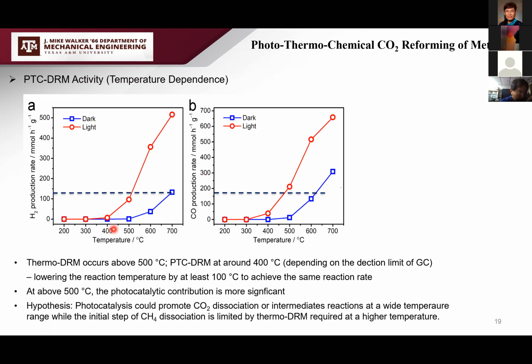But the CH4, the methane dissociation, is mainly driven by the metal catalyst and maybe by a higher temperature. So that's why you need a higher temperature to dissociate CH4, and then the photo can kick in and help the reaction of the CHx intermediates with the dissociated CO2. So that's why there's sort of a threshold for the photo to kick in.